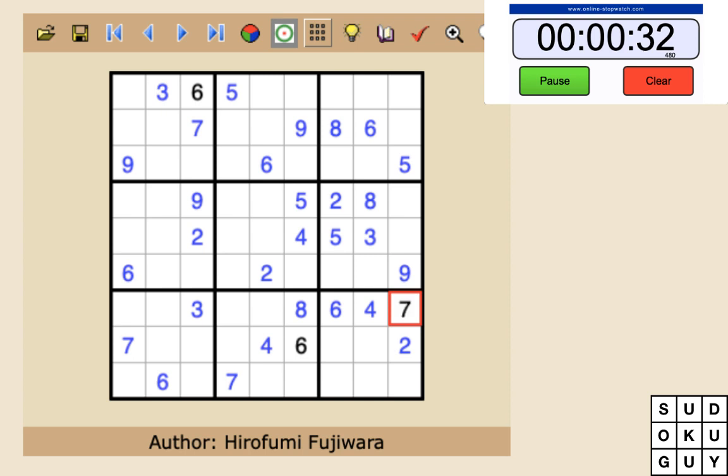Sevens. 2s might also be good. Or 5s. 5s look pretty decent. Okay, maybe not. Okay, there's only one place that 3 can go in that box.